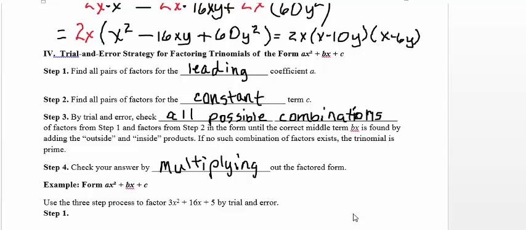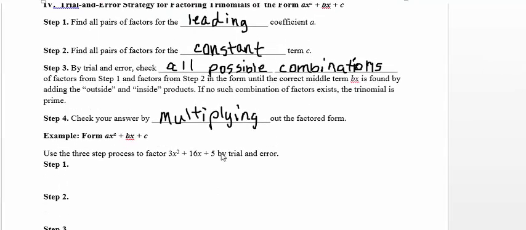If no such combination exists, the trinomial is prime. And then, of course, I check my answer by multiplying.